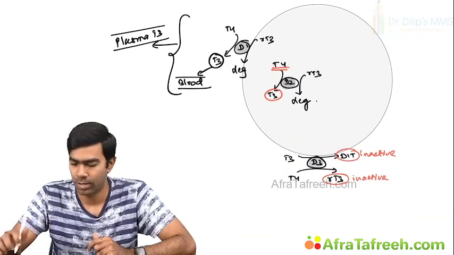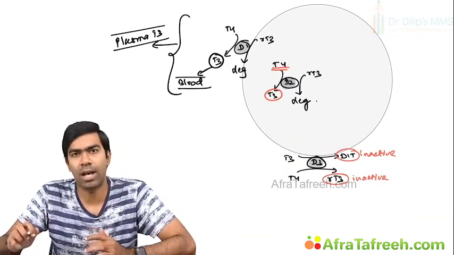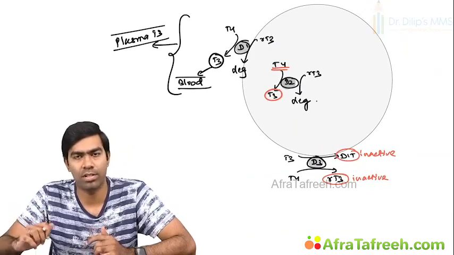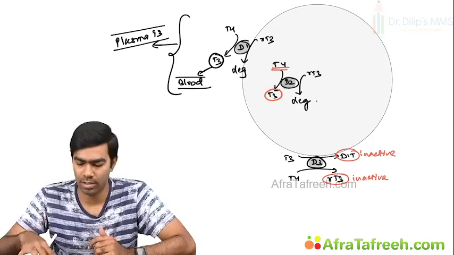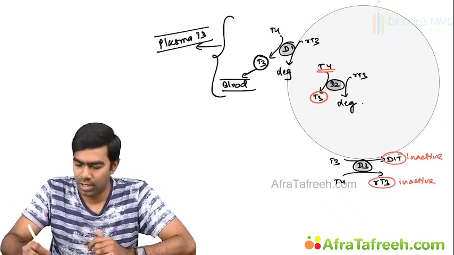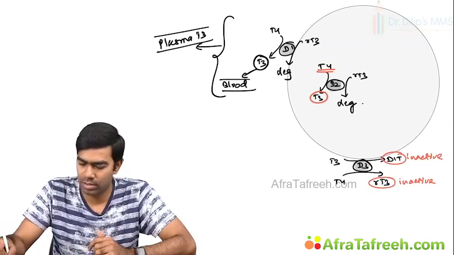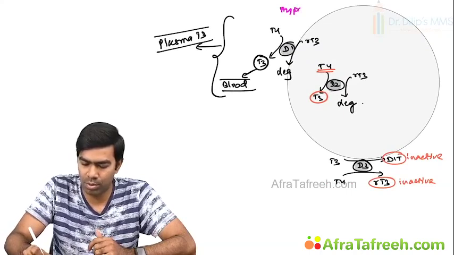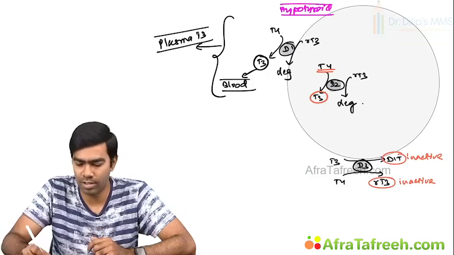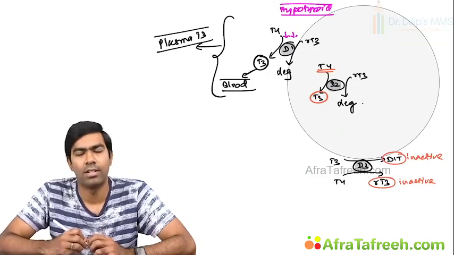Fine. So let us see now what will happen to these different deiodinases in hyperthyroid and hypothyroid states. Remember, in hypothyroid states, the function of D1 deiodinase will actually decline. Why?